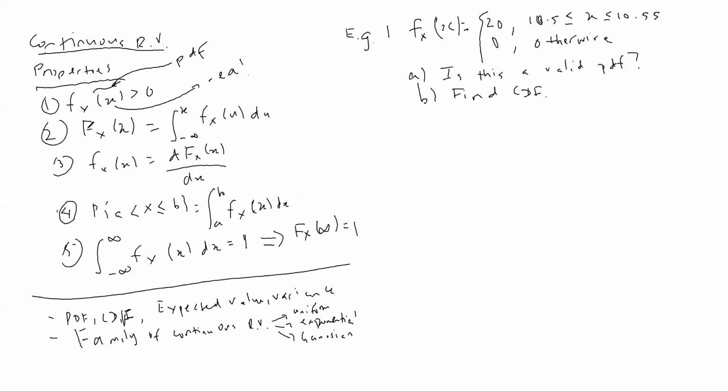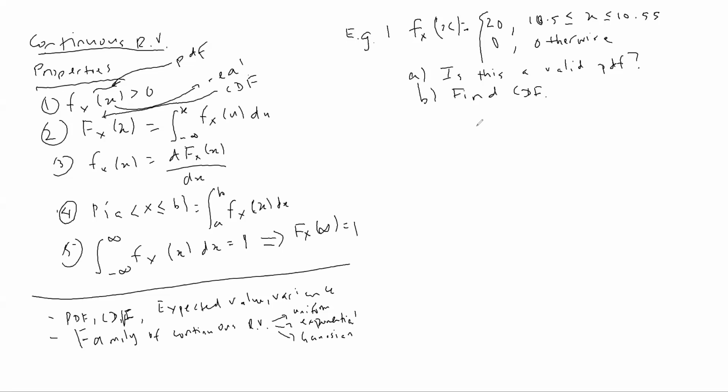The second and third properties are a link between CDF and PDF. The capital F here, if you recall, is your cumulative distribution function. And the fifth property is that if you sum everything up together, it must be equal to 1.